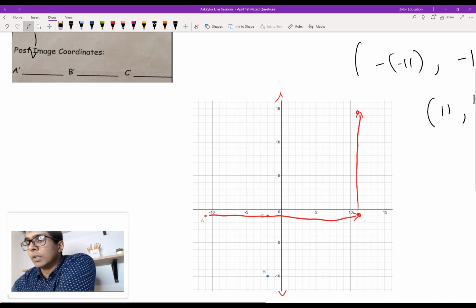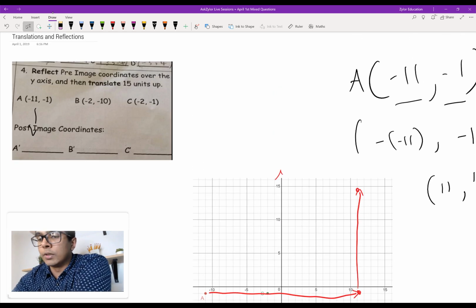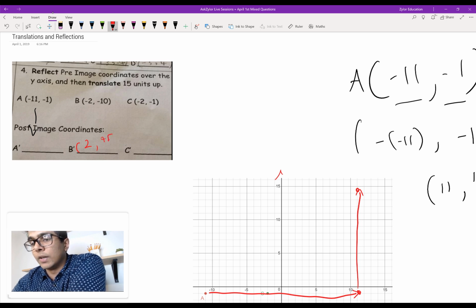So B is going to be done in a similar fashion. B is going to be 2 and -10 plus 15 is going to be +5. And then C is going to be 2 and 14.